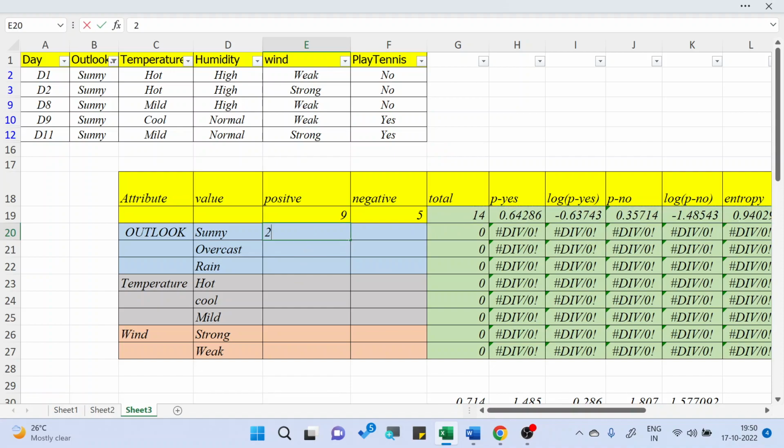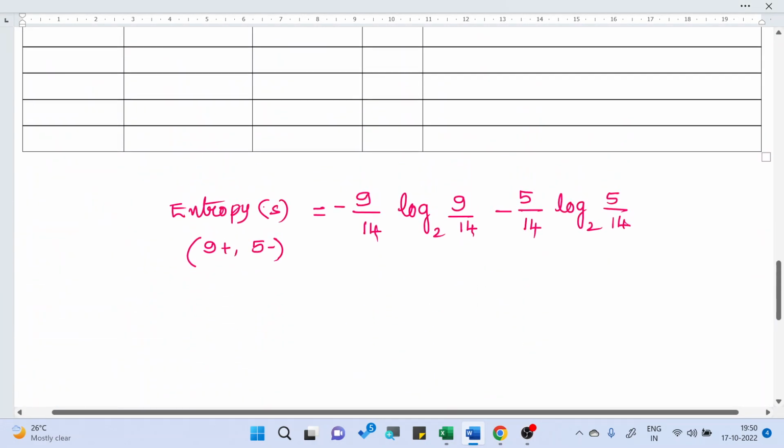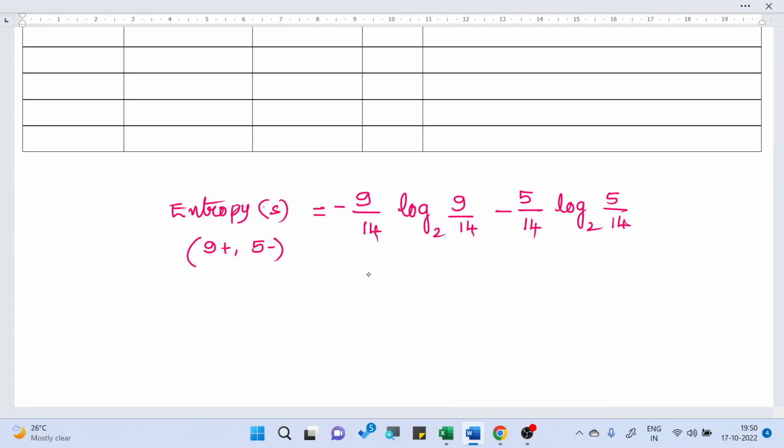So what is the entropy? Entropy is, because it is 2 positive and 3 negative, for the sunny.